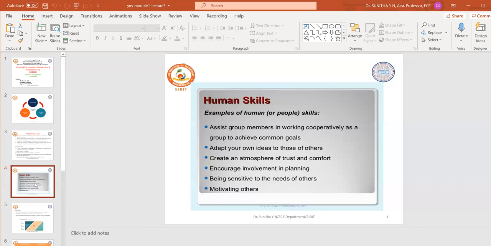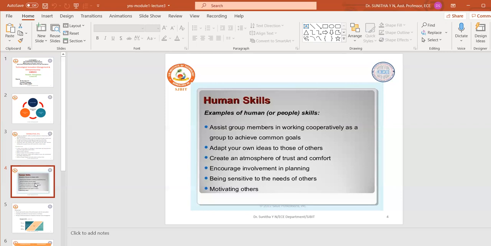Whichever work you take, you should do it according to your idea and your skill set. You will come out with a unique outcome that nobody can match. So that uniqueness should be there. We should not simply try to copy, then our uniqueness will be killed. Our originality will never come out. So we have to adapt our own ideas while doing work, rather than copying from others. So do not copy. That is the bottom line here.